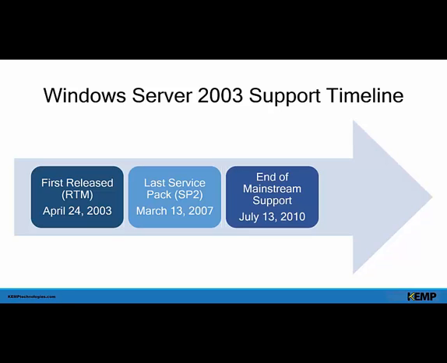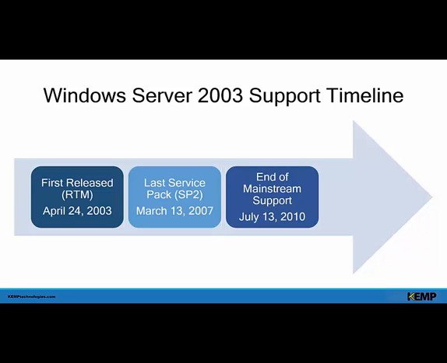Microsoft, of course, ended mainstream support in July of 2010, and if you're not familiar with the Microsoft support lifecycle, Microsoft has 2 forms of support for their operating systems and applications, that being mainstream support and extended support. Mainstream support is the traditional support model that we're probably all familiar with.